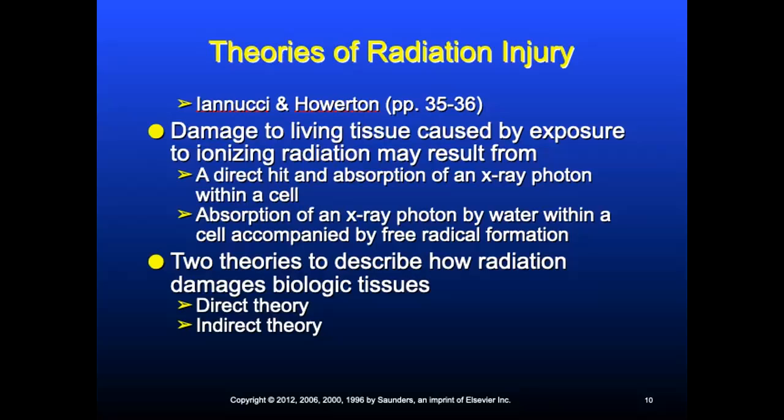A couple of key points that you're going to want to remember. A linear relationship indicates that the response of the tissues is directly proportional to the dose, where a non-threshold dose response curve suggests that no matter how small the amount of radiation is received, some biologic damage occurs.